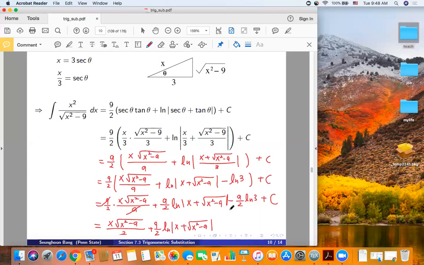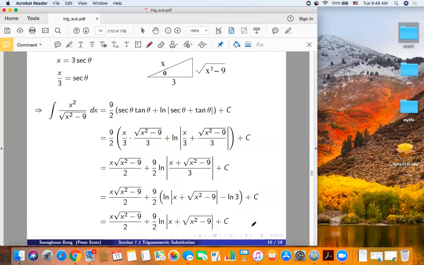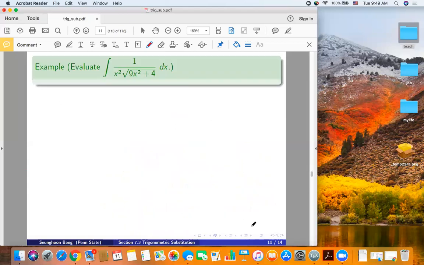Then one more: negative 9 over 2 ln 3 is a constant. Constant plus constant is also constant. You can write a general constant C. It doesn't matter. So like this. So we have this.